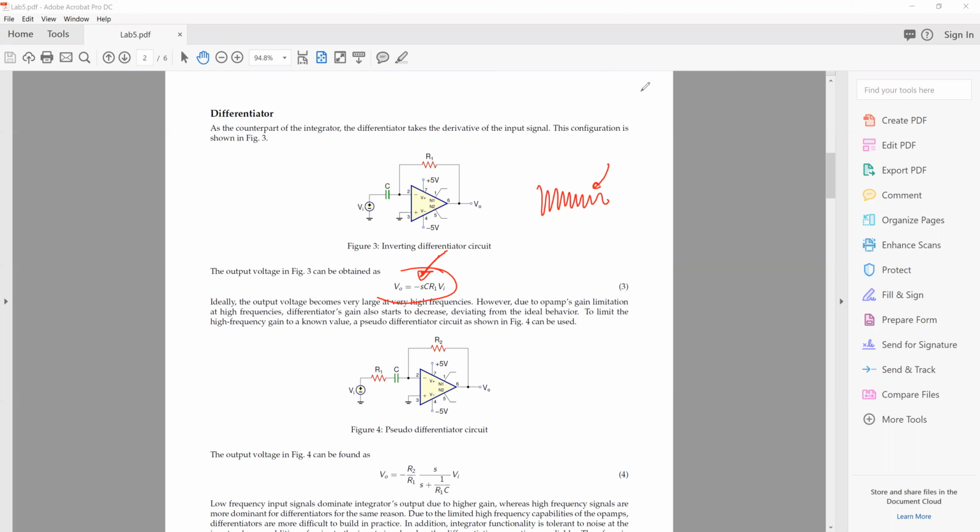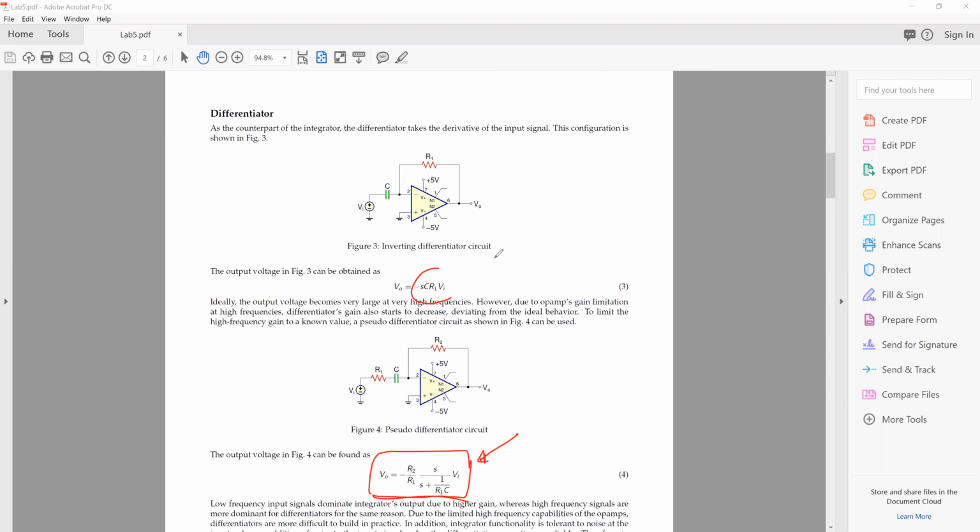So to fix that, we do something similar to what we did before. We put a resistance in series to get this transfer function. Now at very high frequencies, this does not have an infinite gain, but it flattens out.